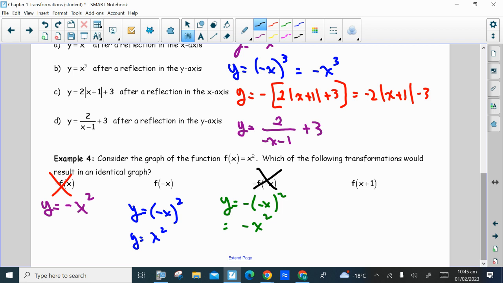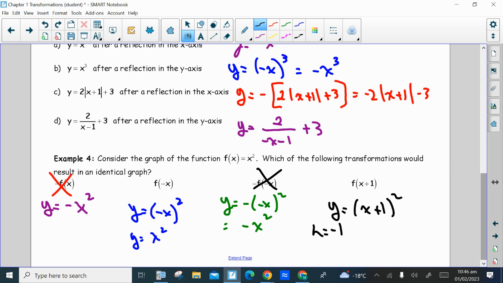And the third one will be different as well, because if you replace the x with x plus 1, that's what the equation would look like. Replace the x, which is what's in the brackets after the f, with x plus 1. This shows us an h value of negative 1. Whatever happens to the x happens to the x minus h.